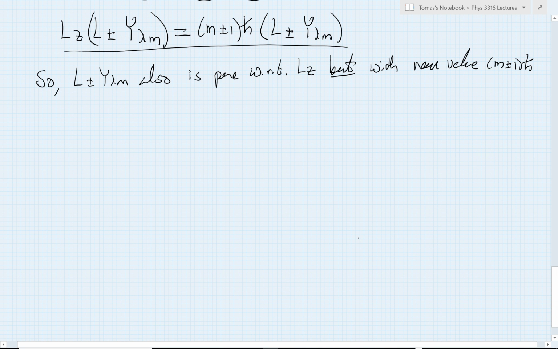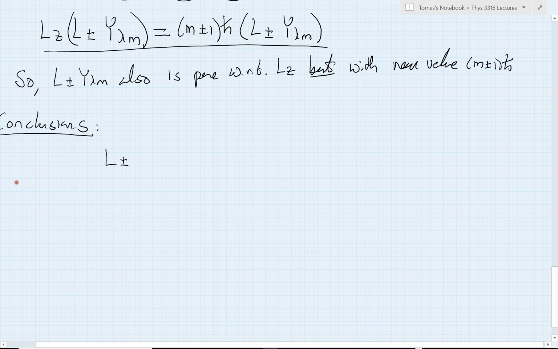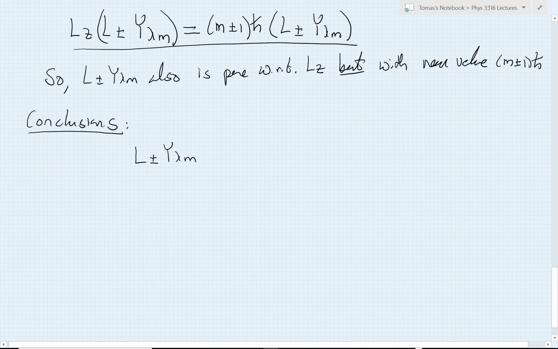With these algebraic results in place, we are now ready to come to some key conclusions. Notice that if we apply this L plus or minus operator to Y lambda M, what we've just found is that what we get back is a pure state with respect to both L squared and L_Z.